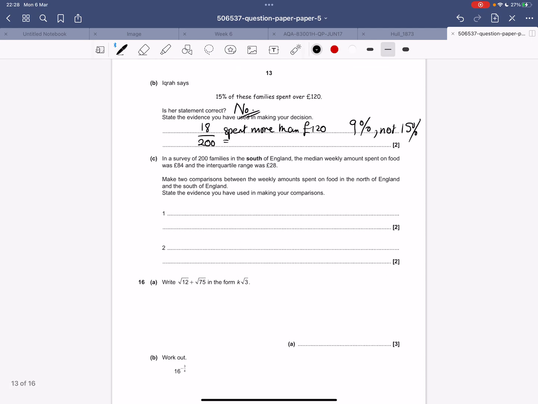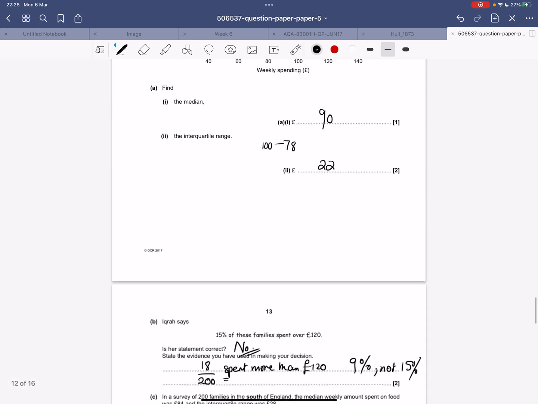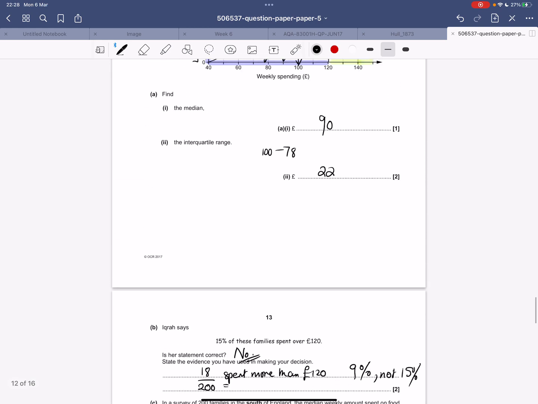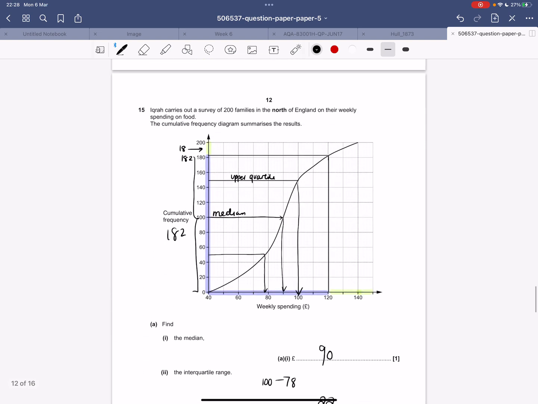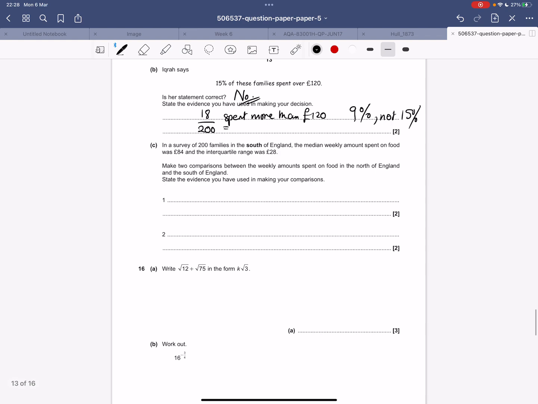In a survey of 200 families in the south of England, the median weekly amount spent on food was 84. Interquartile range was 28. Make comparisons. So we can say the median in the north was £6 higher.